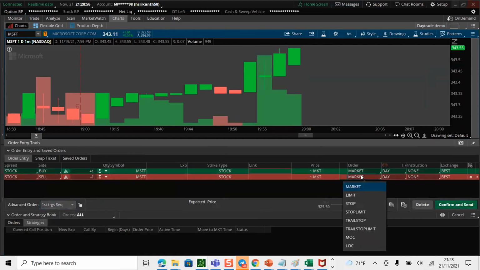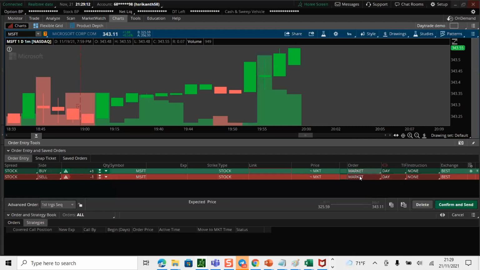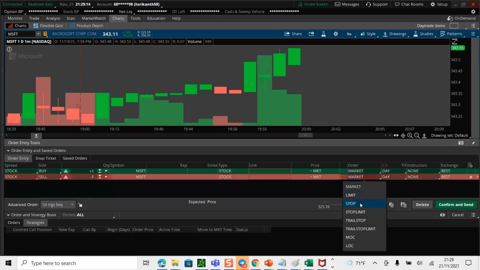And here in the order type, there is, yeah, they have a trailing stop limit. They don't have the trailing stop percentage order in the desktop app.